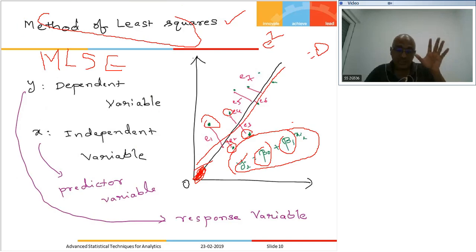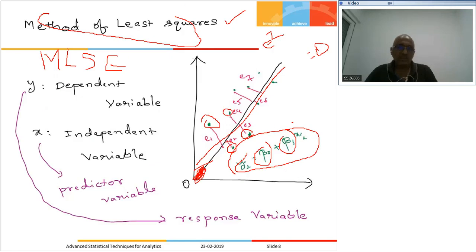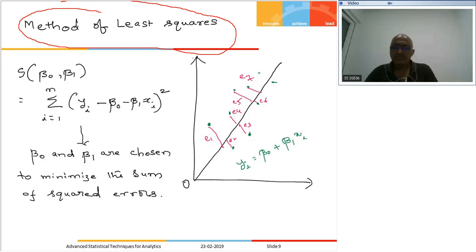In reality we are not going to try all possibilities; this is the beginning to understand the concept. To find the best fit, we use the concept called the method of least squares, MLSE.